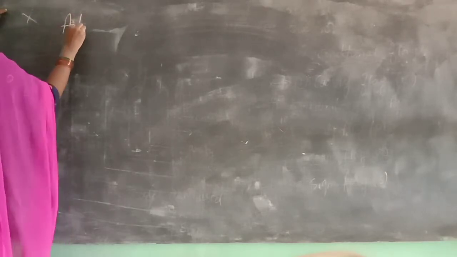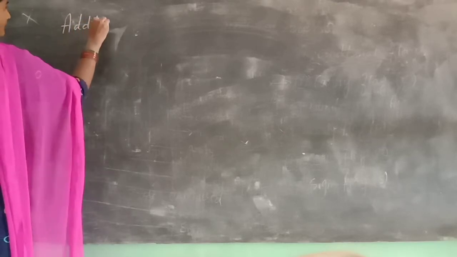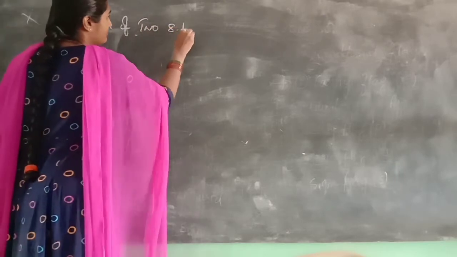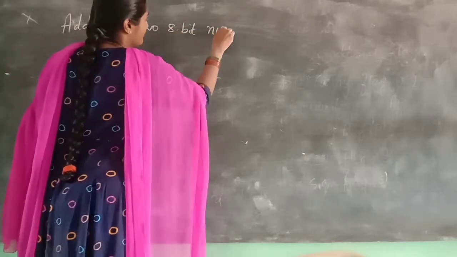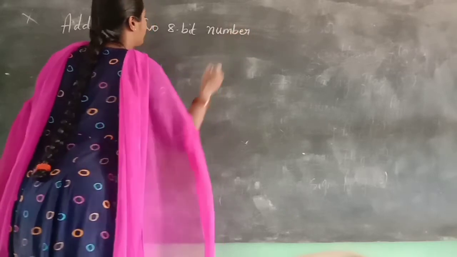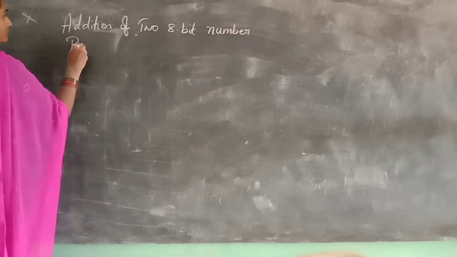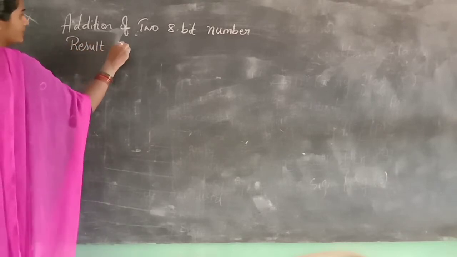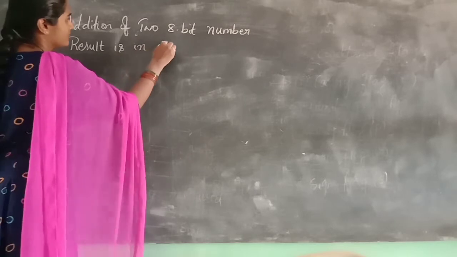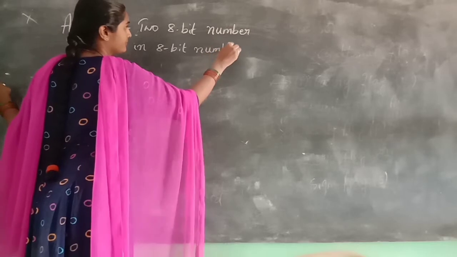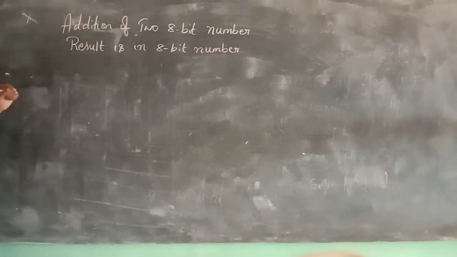By using ALP, write the program for addition of two 8-bit numbers, with the result also in 8-bit.